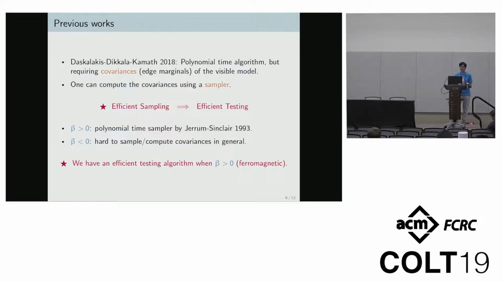It is known that when beta is positive, we have a polynomial sampler. This is a result by Jerrum and Sinclair. When beta is negative, it's hard to sample or compute the covariance in general. So in the ferromagnetic case, we have an efficient testing algorithm.